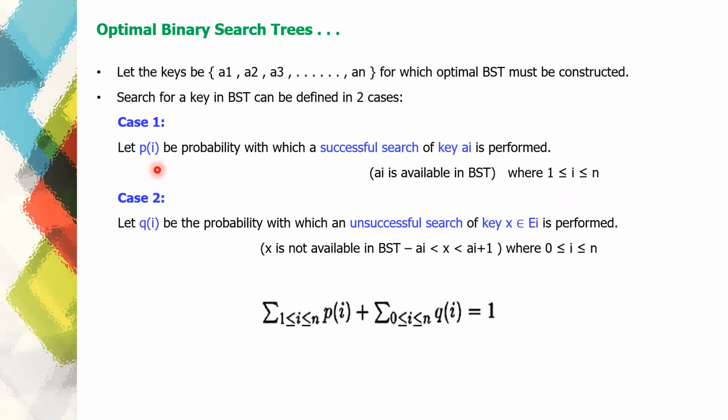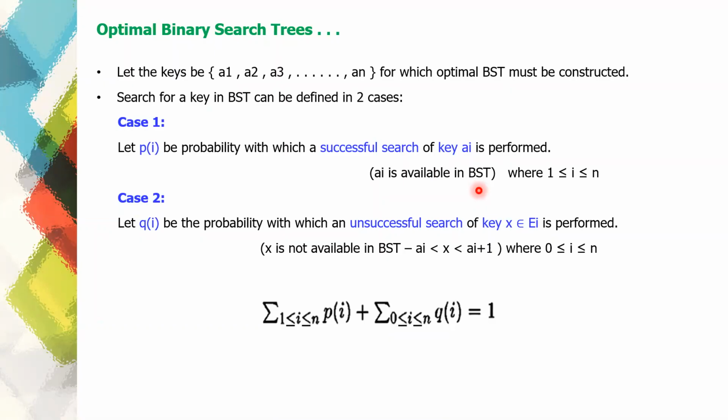And let the probability of the successful search be represented by P of I. P of I is the probability of a successful search for the key AI, where AI is available in the binary search tree.